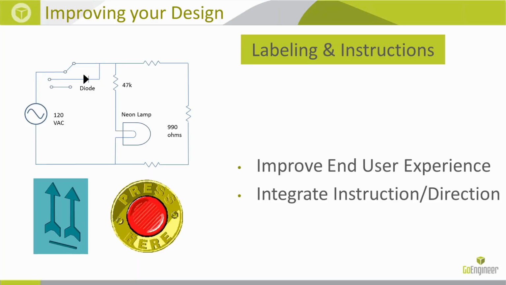But beyond that, you can give your end user a much better experience by integrating instructions or diagrams. So if you're doing like an electronic enclosure, you can emboss kind of like your perfect path or the diagram for your wires, indicators, things like that. So all of that can be really useful to the end user or the one assembling it, the one buying it.